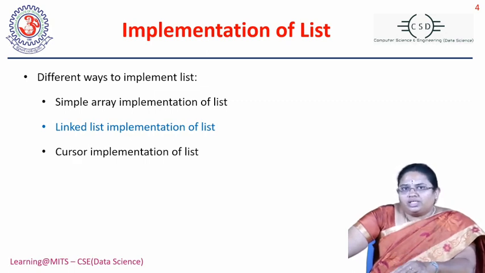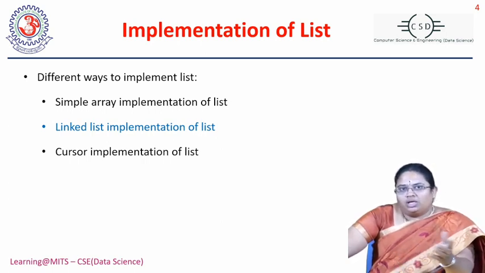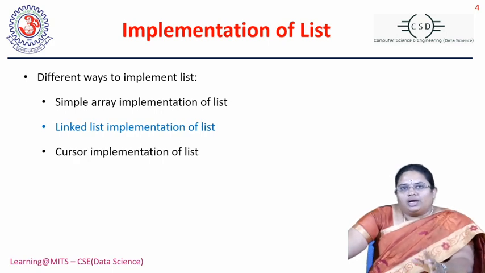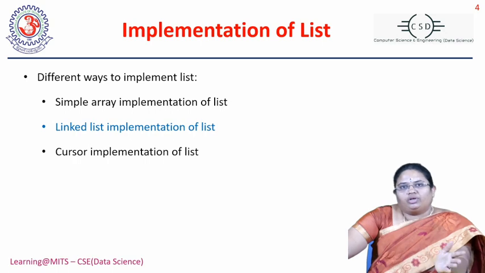We have already seen how to implement the list ADT using arrays. Since the list is a sequential arrangement of elements and we can perform insertion and deletion at any place, we implemented it simply using an array. In that array, we faced a difficulty: to perform insertion and deletion, at least half of the array needs to be moved either to the left or to the right to create space.